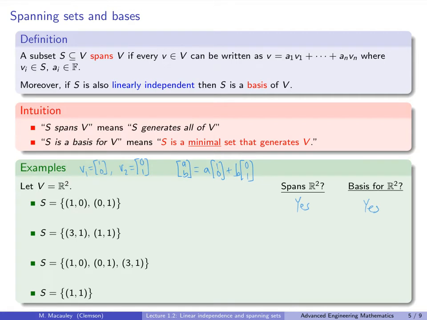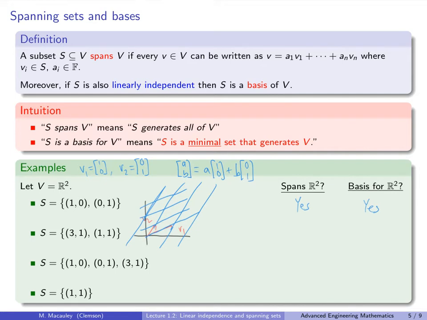Next, the set containing (3, 1) and (1, 1). So here's a picture of that. Let's say that (3, 1) looks like that vector, and (1, 1) might be that one. So let's call these v1 and v2. Geometrically, hopefully it's clear why this spans, because these determine a grid, and every single vector in R2 lies somewhere in this grid, or in the interior.